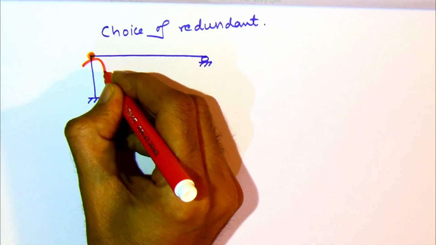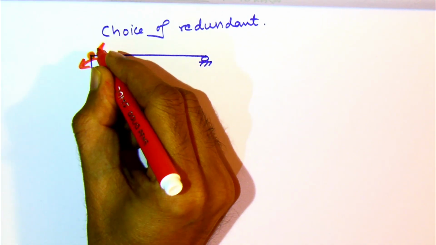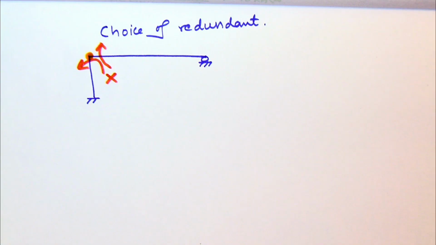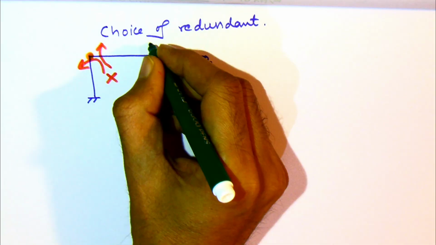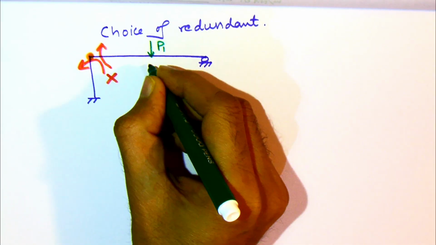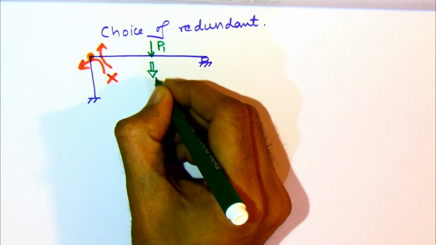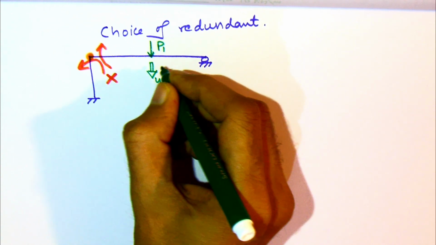Now for a frame, choosing an internal force as redundant, we would have to come a little bit out of our comfort zone, but we'll do that for the purpose of illustration.